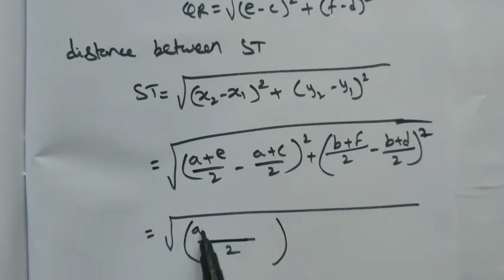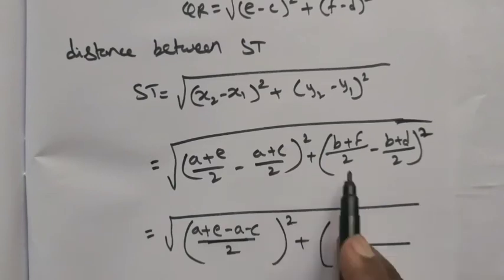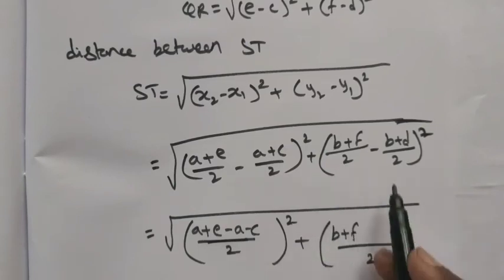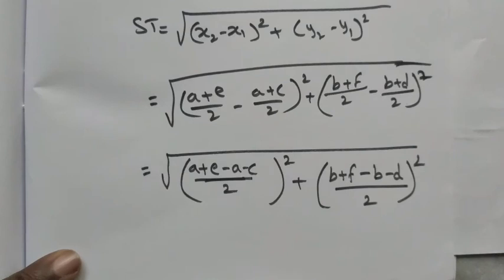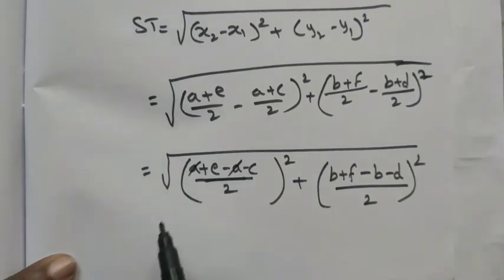Here we have A plus E minus A minus C, whole square, plus B plus F minus B minus D, whole square. Now plus A and minus A cancel, and plus B and minus B cancel.